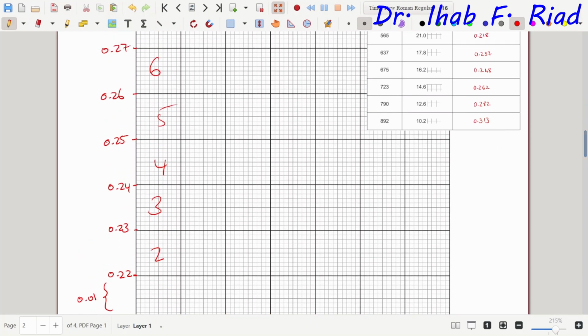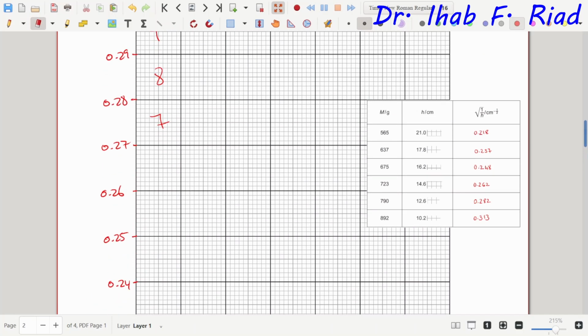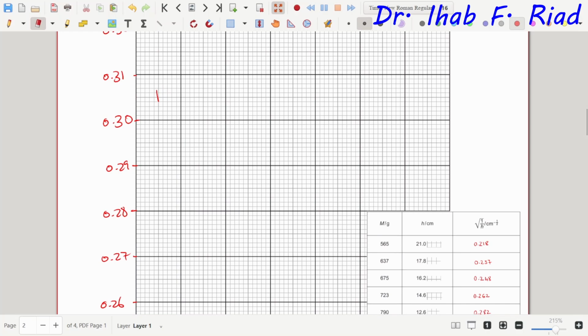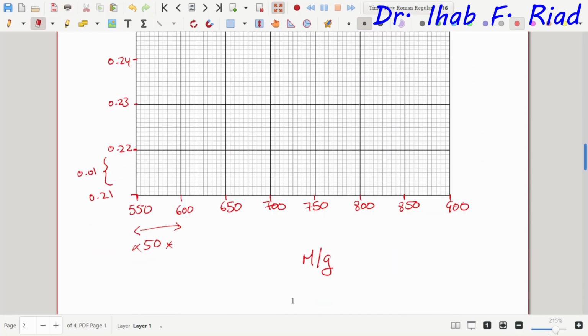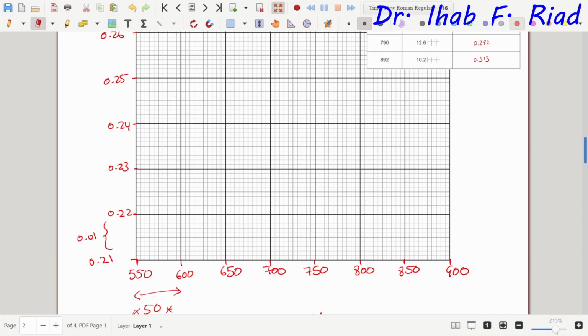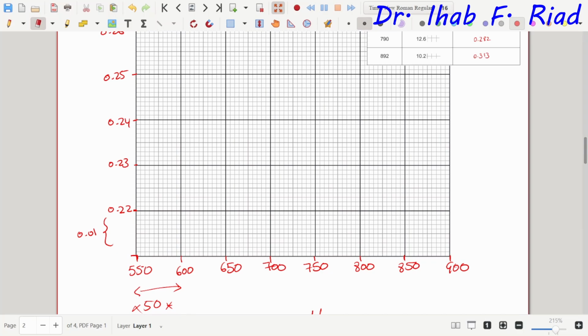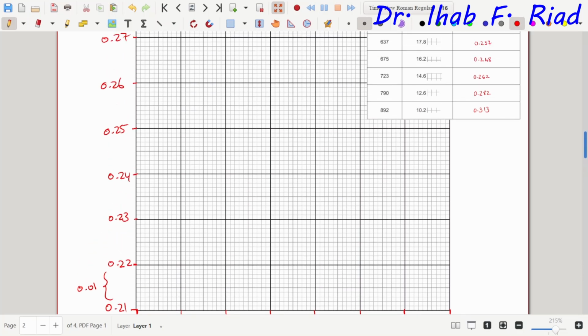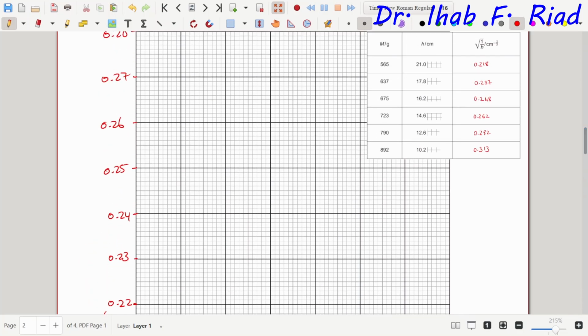Okay, now let us remove this. The unit over here is going to be 1 over h and square root.